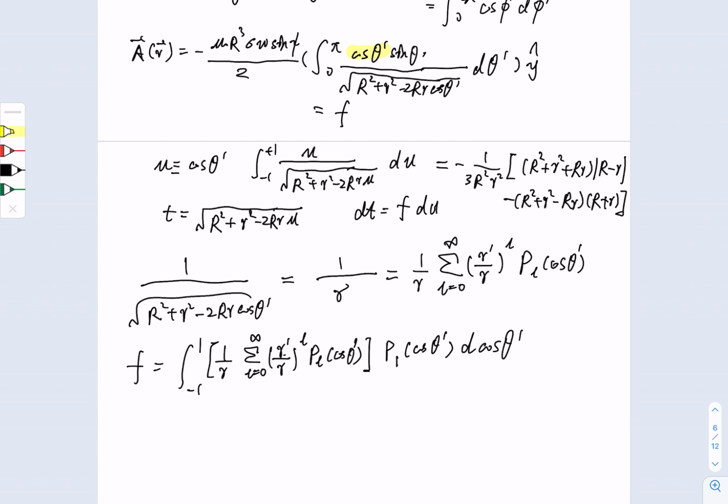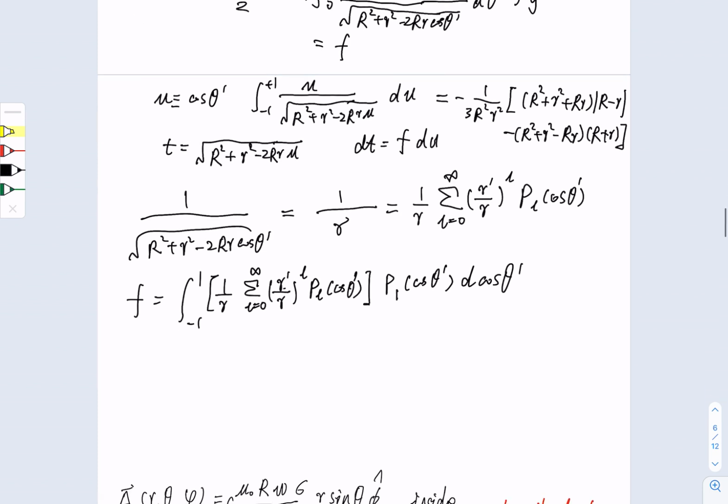So now, according to the orthonormal relations, we can immediately tell that in all these sums, only the L equals 1 component contributes. So this integral can be simplified into a single term only.